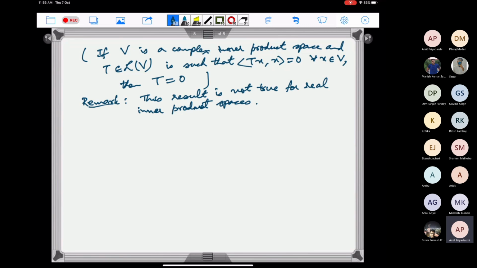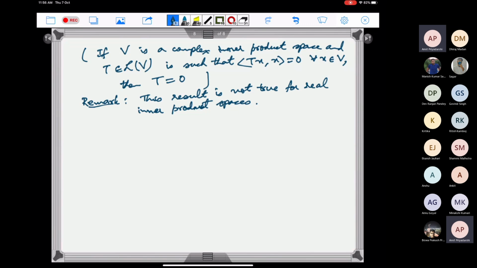Can anyone tell an example where you have Tx inner product x is 0 for all x, but T is not the 0 operator? So on R2, you take the rotation operator, right?